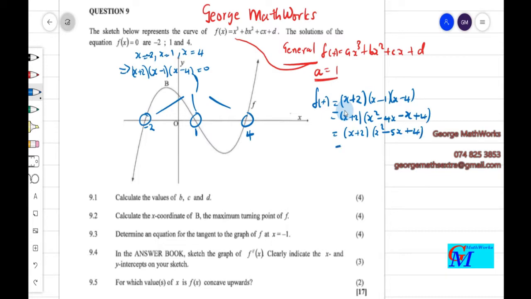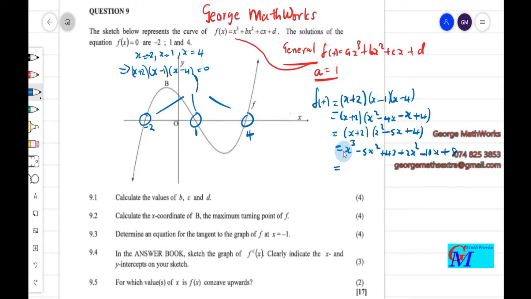Now I have to multiply everything in the first bracket with everything in the next bracket. So again, I have x times x squared, which gives x cubed, then minus 5x squared, then plus 4x, then plus 2x squared, then minus 10x, then plus 8.